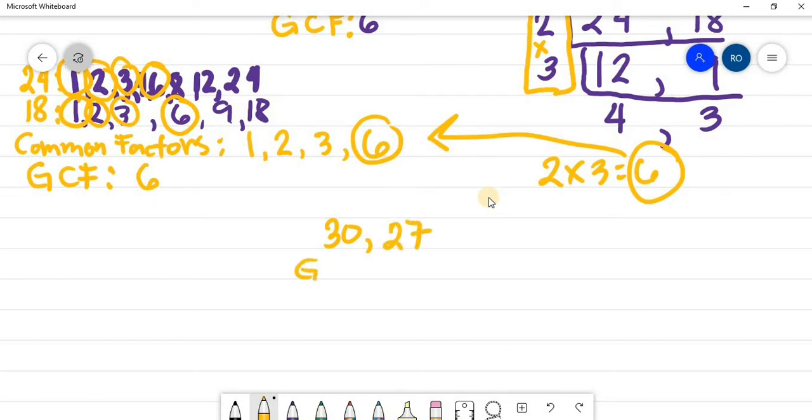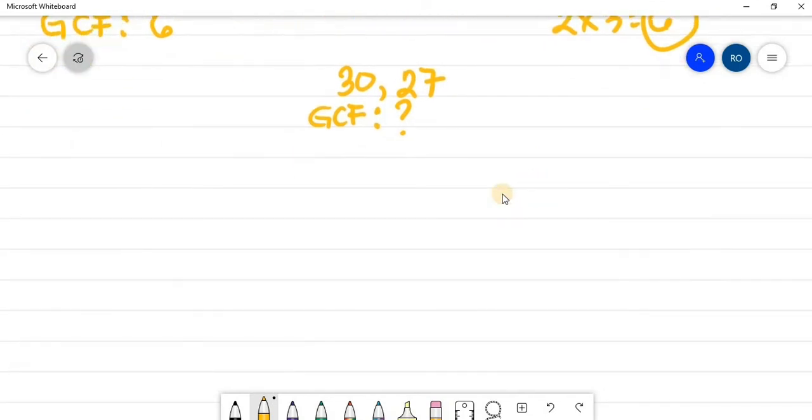So we will try to find the GCF of 30 and 27. Now let us use the listing method. And okay, remember, in listing method we just write down the factors of each number.